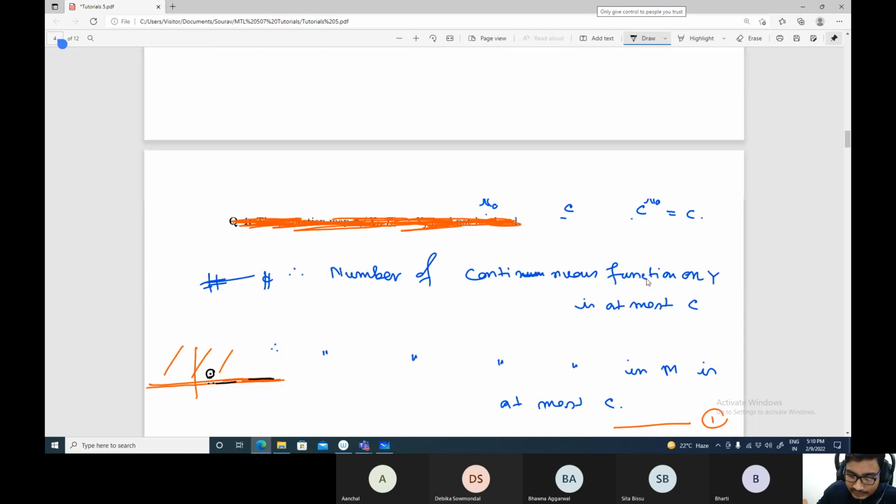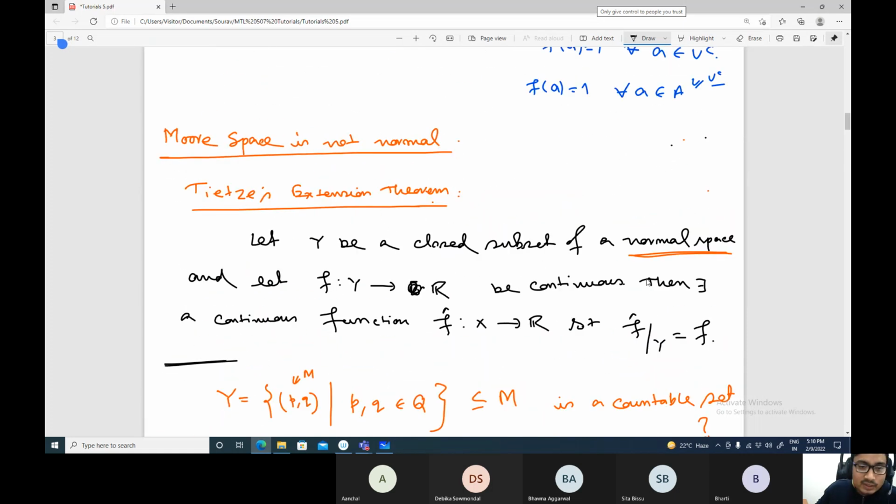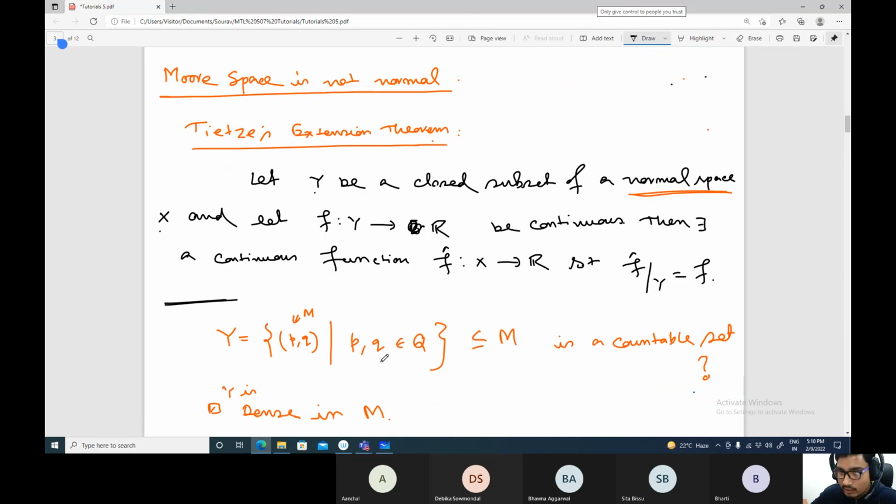What does the Tietze extension theorem say? It says that if our Moore plane X is normal, and we have Z a closed subset, then any continuous function can be extended to a continuous function on X. Fine.